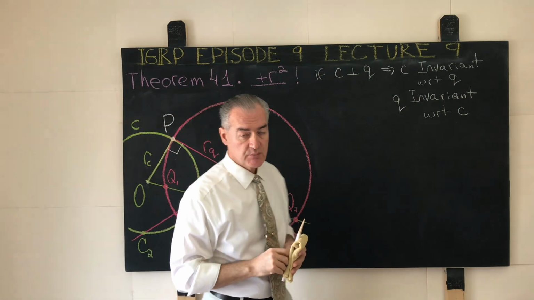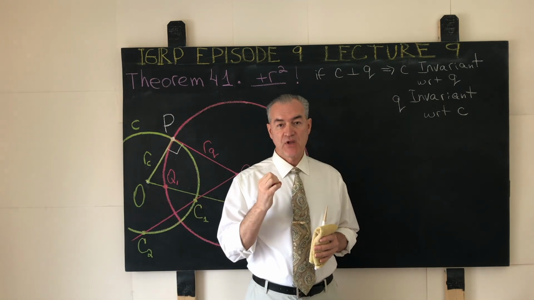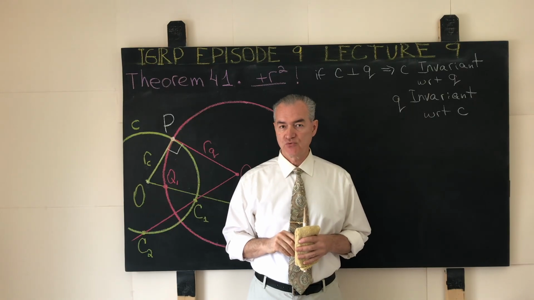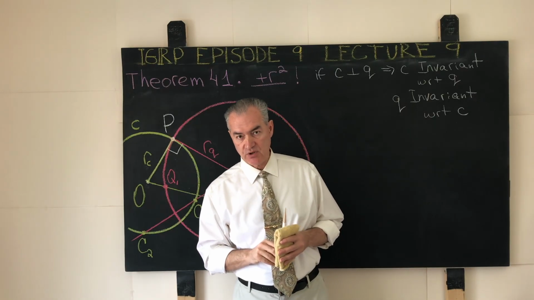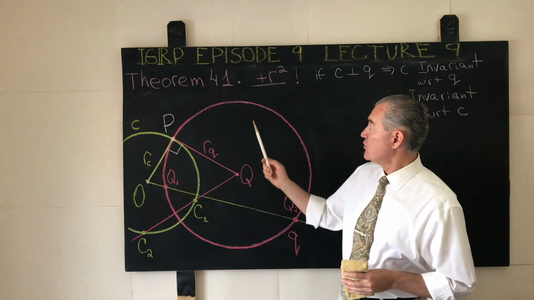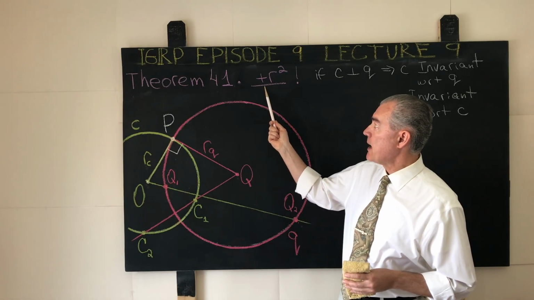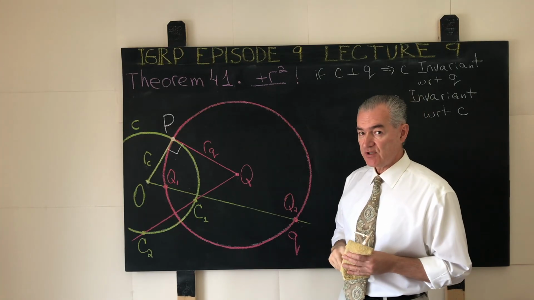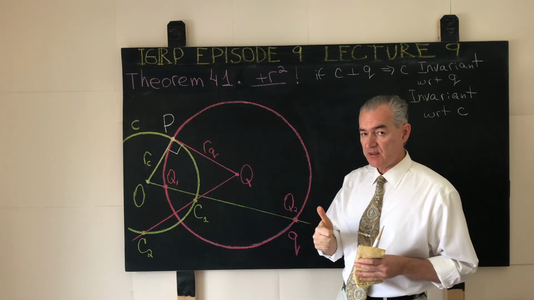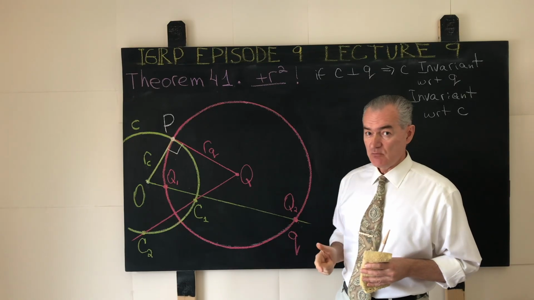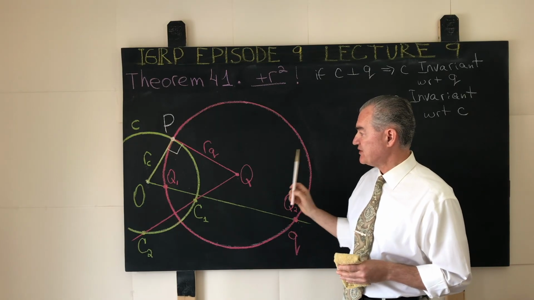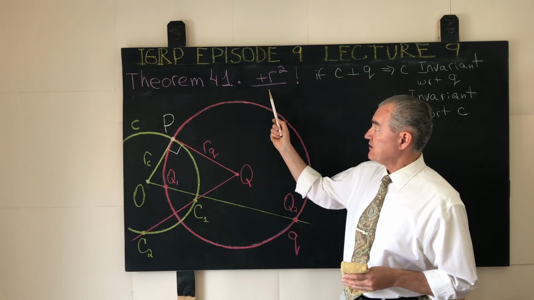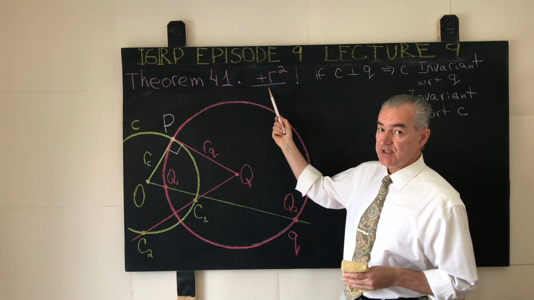And at this point we observe that theorems 39, 40, and 41, the last three theorems that we proved, applied precisely to the case when the inversion of the plane with respect to the circle was with positive power. And in the next two theorems, theorem number 42 and theorem number 43, we will investigate what happens to circles when the power of inversion is negative.